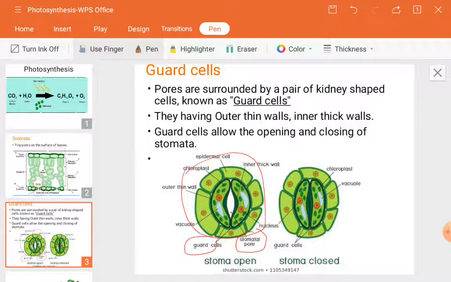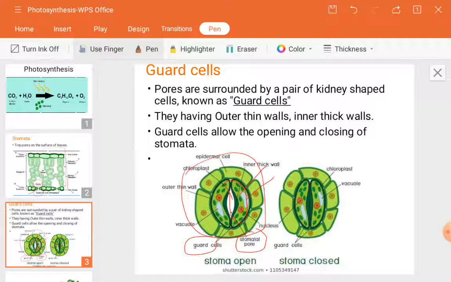Now they have an outer thin wall and an inner thick wall. You have to observe these cells only. These cells have an inner thick wall and an outer thin wall, and guard cells allow the opening and closing of stomata. What is meant by opening and closing?